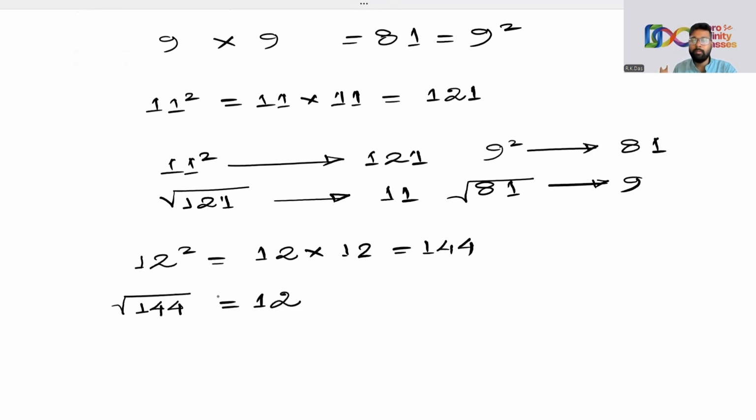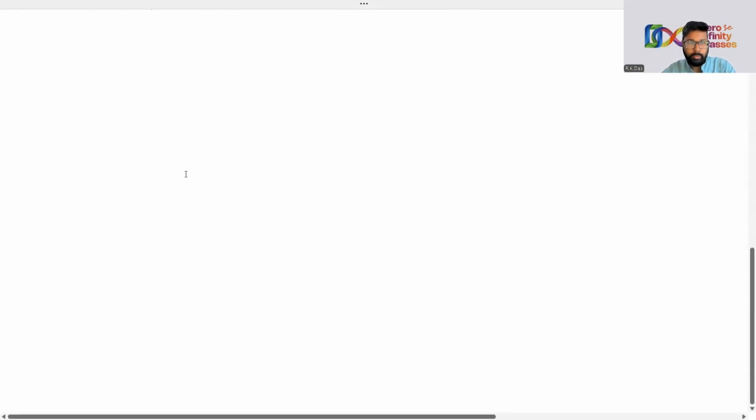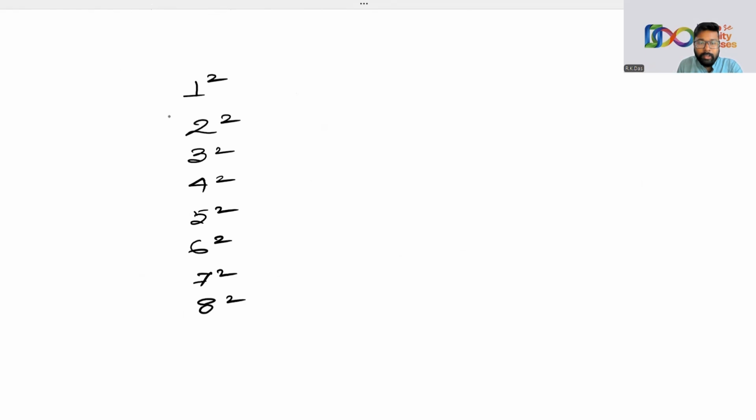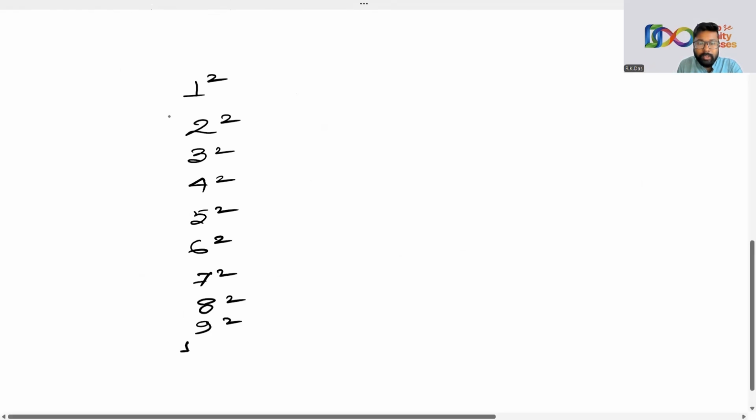Now I'm just writing the squares of all the numbers from 1 to 10. Let me write all the numbers: 1 square, 2 square, 3 square, 4 square, 5 square, 6 square, 7 square, 8 square, 9 square, and the last one is 10 square.